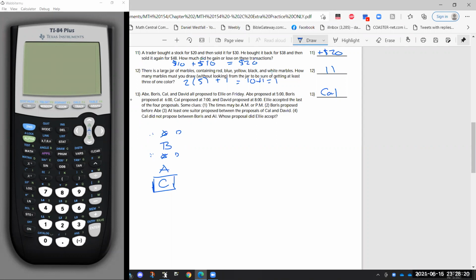D is probably 8 a.m. A is probably 5 p.m., and C is probably 7 p.m. That's what looks right to me, okay?